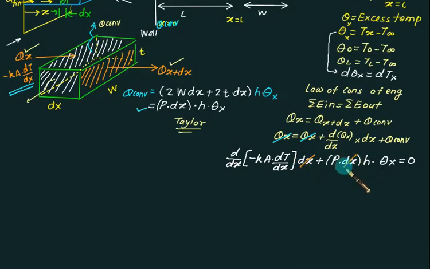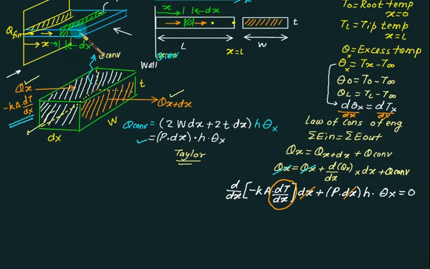So dx and dx first cancel. We have dT by dx, which is the same as d theta by dx, so we can replace this term by d theta by dx. Hereafter I will not write theta x, I will only write theta. Second thing is that thermal conductivity is independent of the x direction, and even the area we assume as uniform. So the cross section is uniform along the x direction and k is also constant.